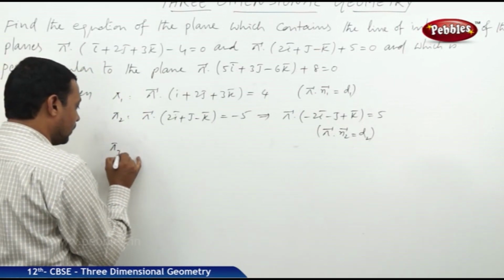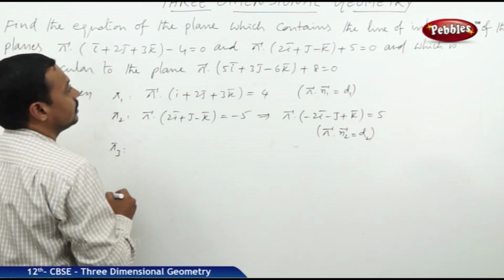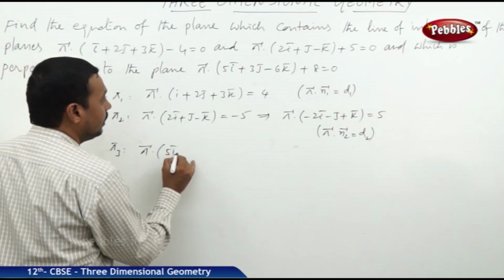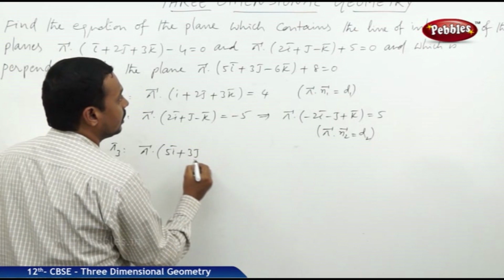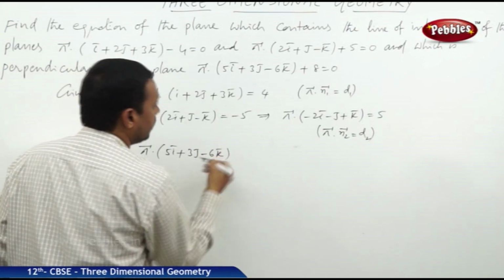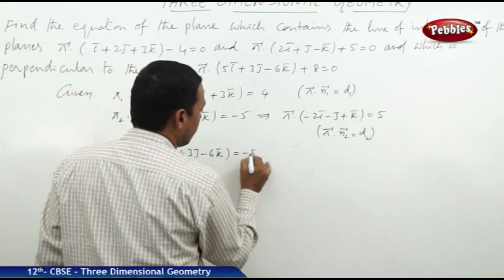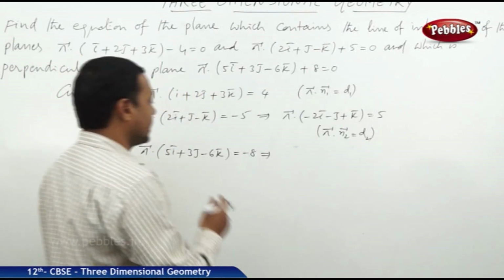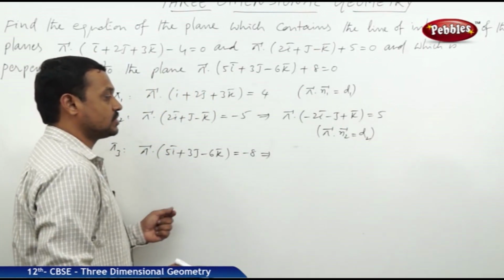And the third plane pi 3, what is that? It is r bar dot 5i plus 3j minus 6k plus 8 is equal to 0, or minus 8 is equal to 0. This implies, once again multiplying by minus on both sides. Why?